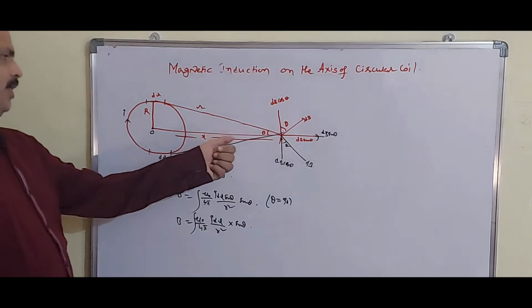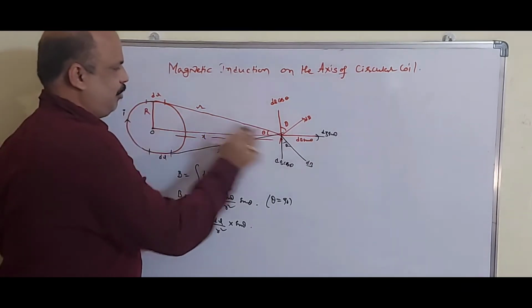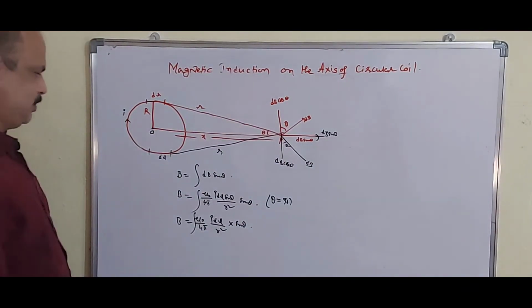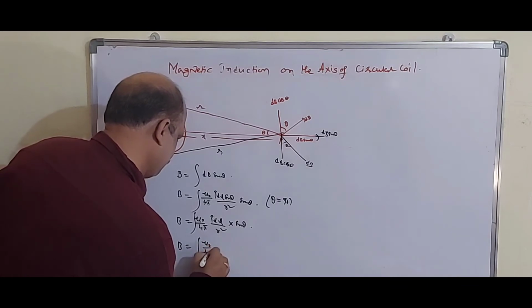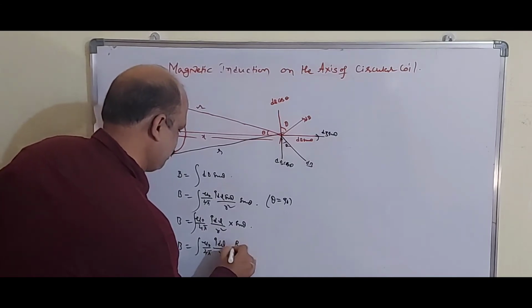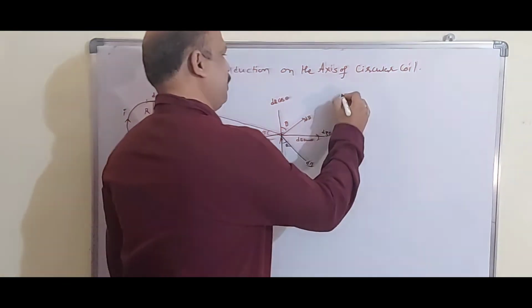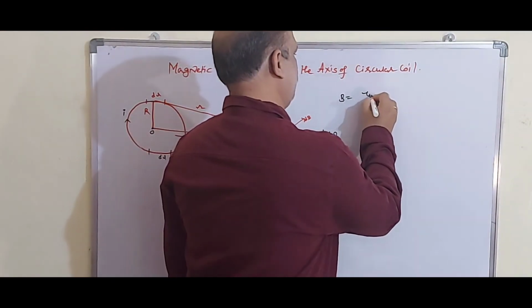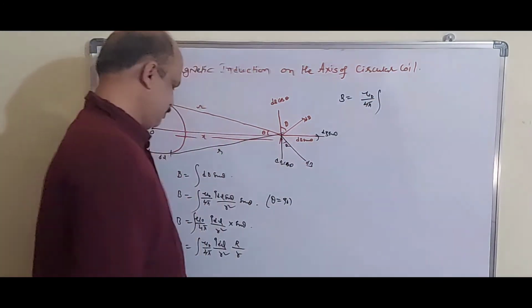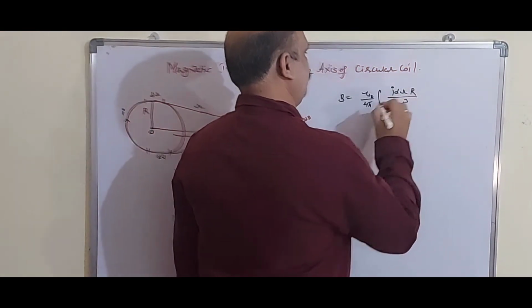From the figure, sin theta is opposite side by hypotenuse, which is capital R by small r. So B is equal to mu naught by 4 pi, taken outside the integral, I dl R divided by r cube.